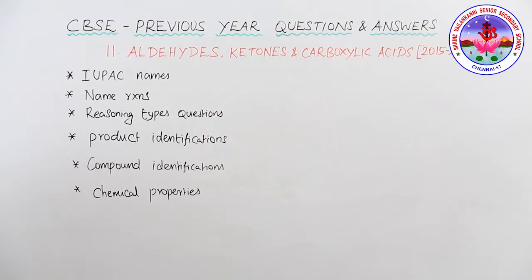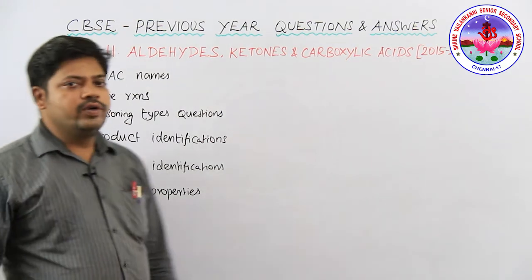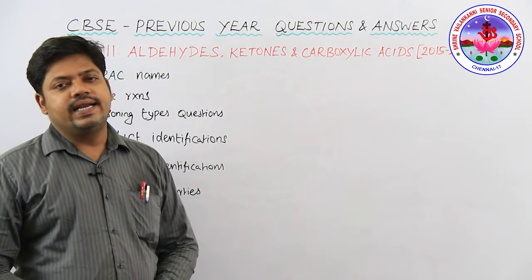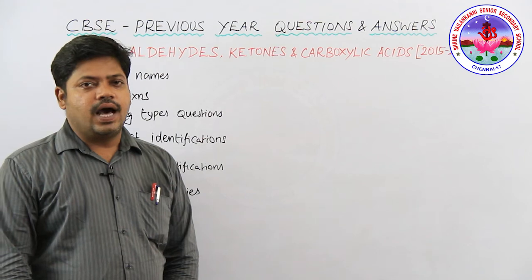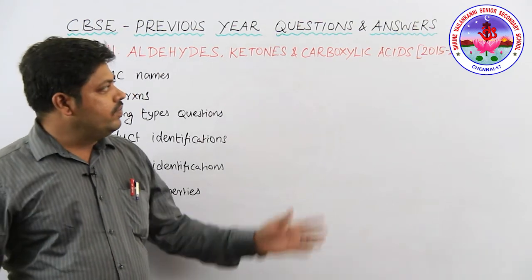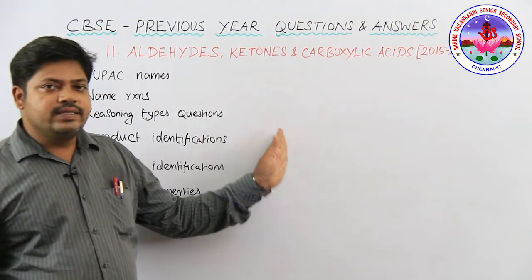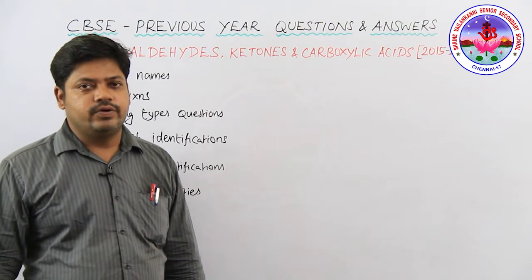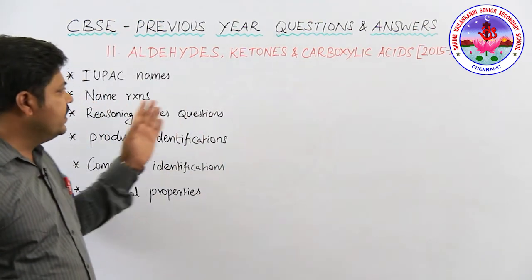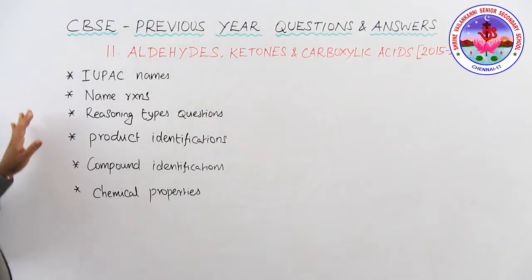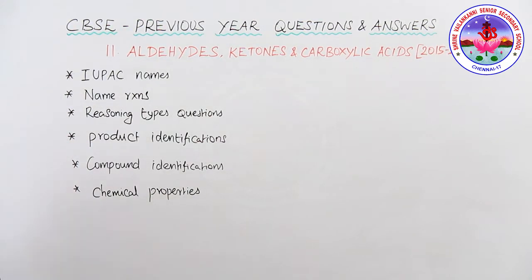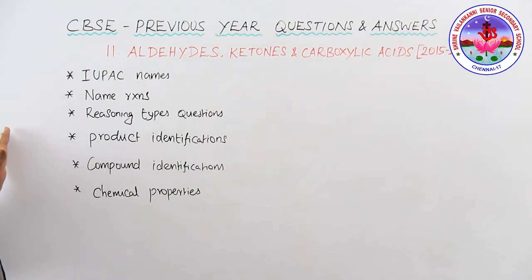Hi students, today I am going to discuss aldehyde, ketone and carboxylic acid. These are from the previous year question papers, 2015 to 2020. In this lesson, you have to concentrate more on these topics. First the IUPAC name, then the name reactions, of which there are a lot in this lesson.